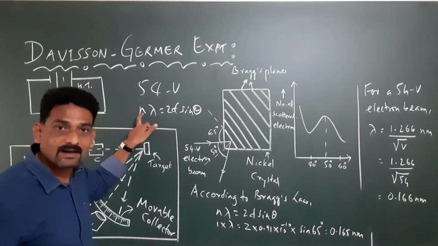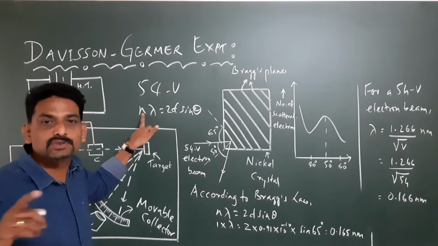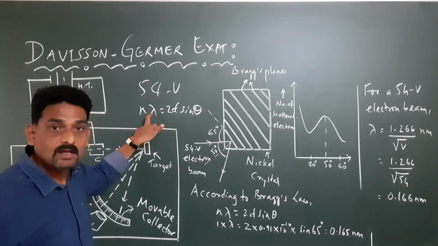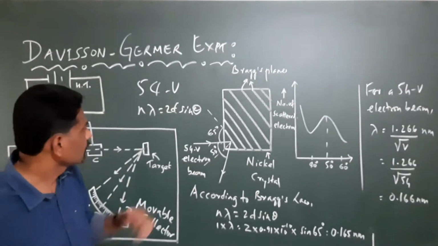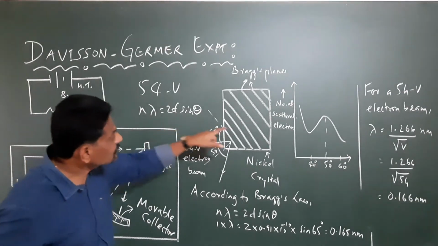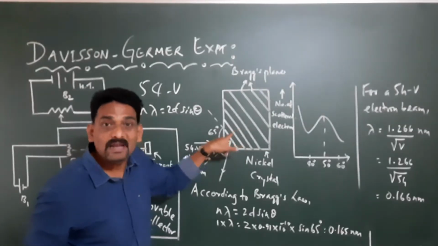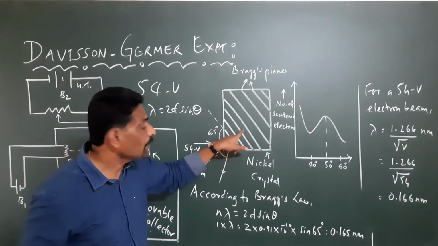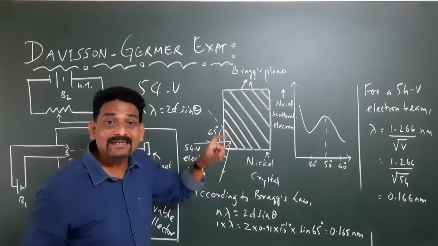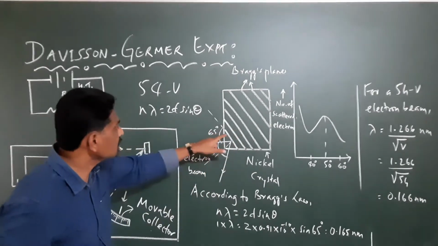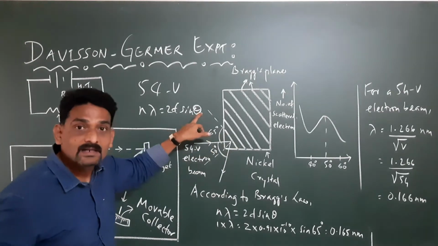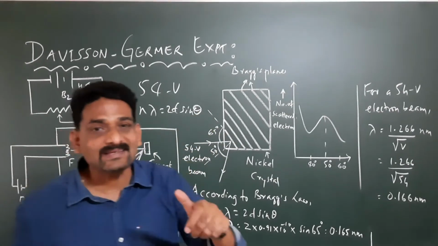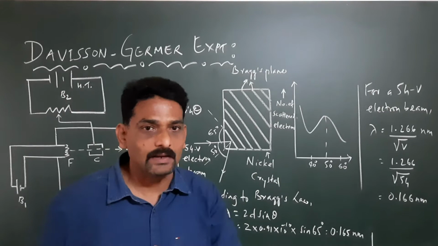Here, what is n? The order of the spectrum. It can be 1, 2, 3, 4 and so on. What is lambda? The wavelength of the incoming beam. What is d? The distance between the two Bragg planes, that is the interplanar distance. What is theta? This theta is nothing but the Bragg's angle.